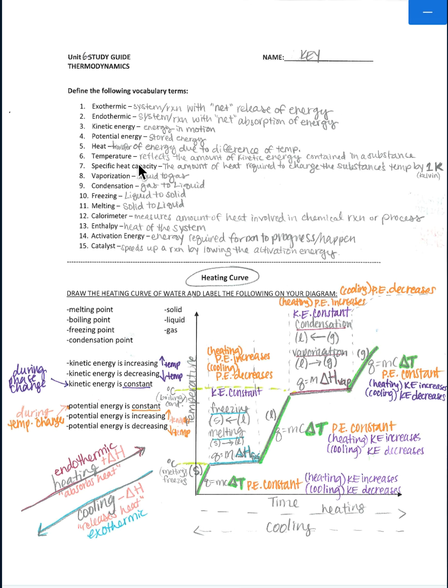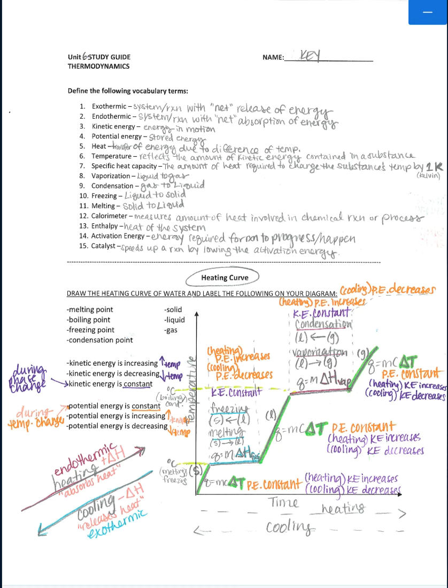Okay, so specific heat capacity, this is a new term for us. It's the amount of heat required to change the substance's temperature by 1 Kelvin. We've already talked about Kelvin, I believe, in our last unit. 1 Kelvin is different than Celsius and Fahrenheit, but a specific heat capacity is a measurement, a characteristic, a property of a substance.